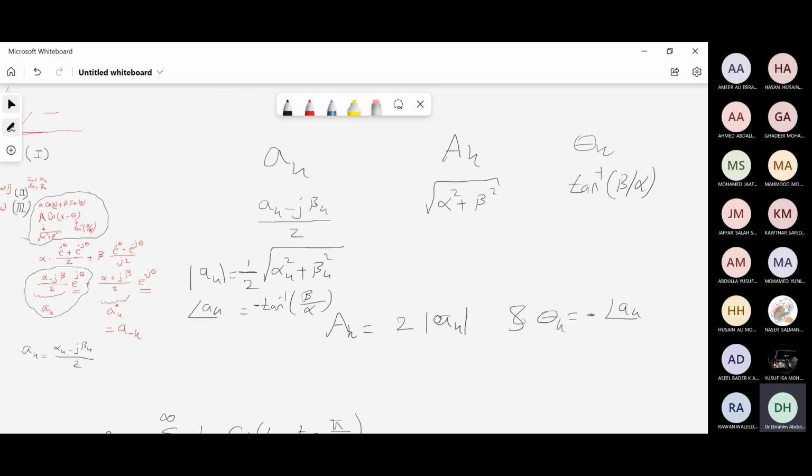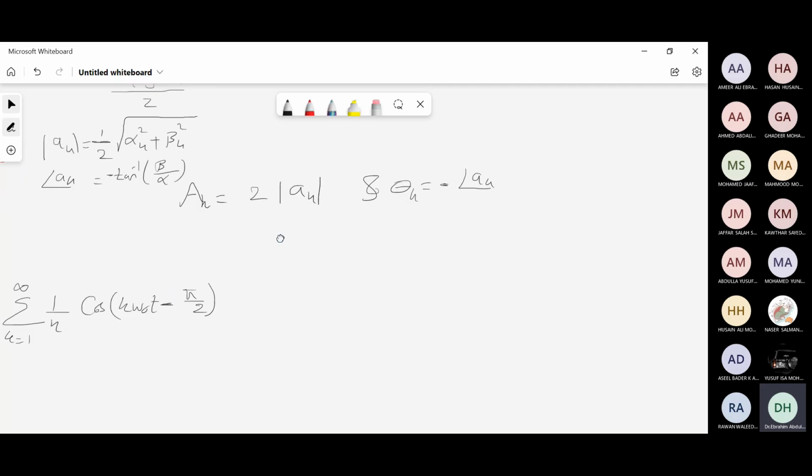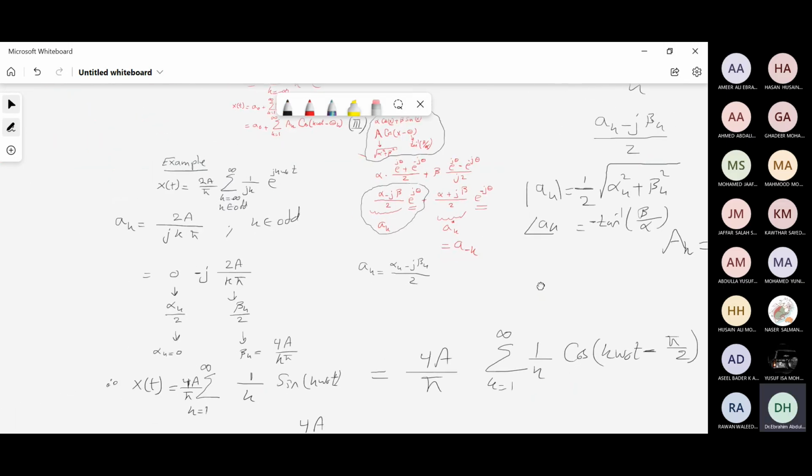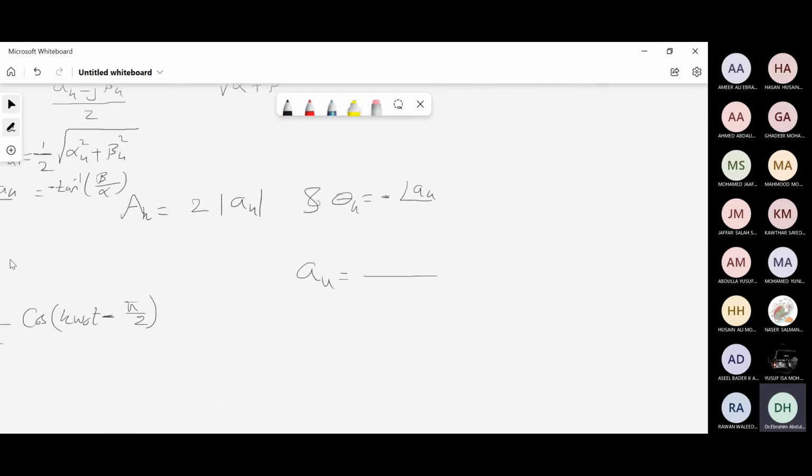So if you want to find from form 1 to form 3 directly, a_k is given, which is equal to, as in the example, 2A divided by jk pi, where k belongs to odd. So put it in polar form.